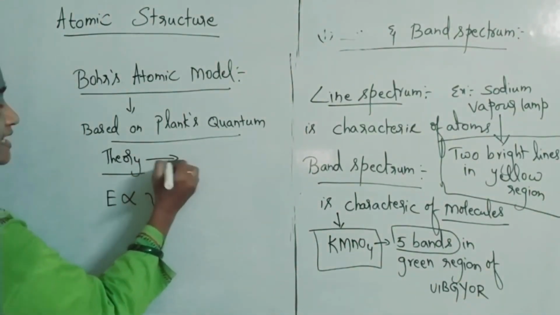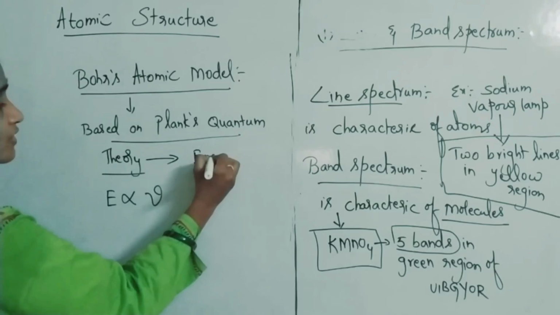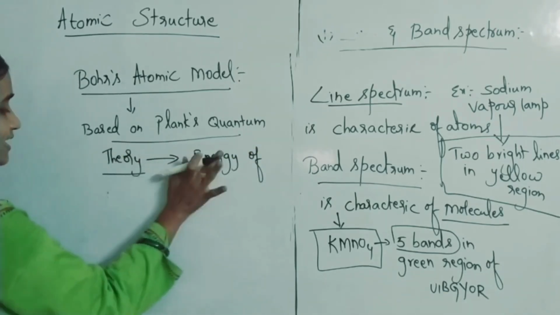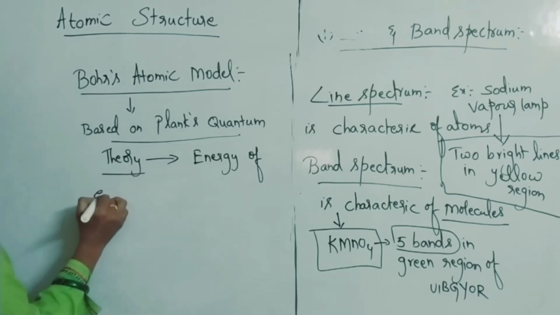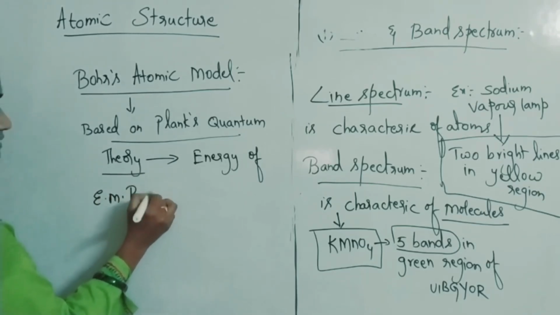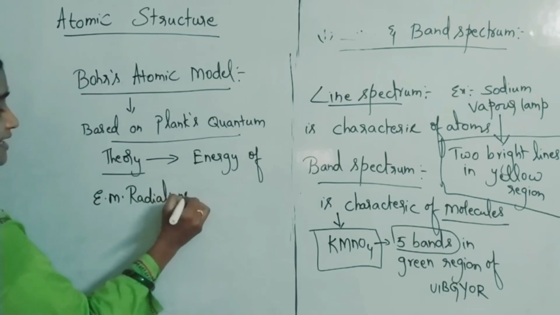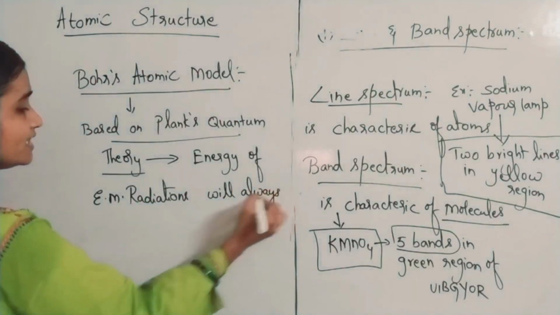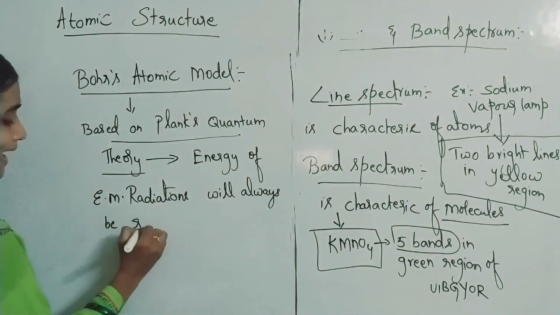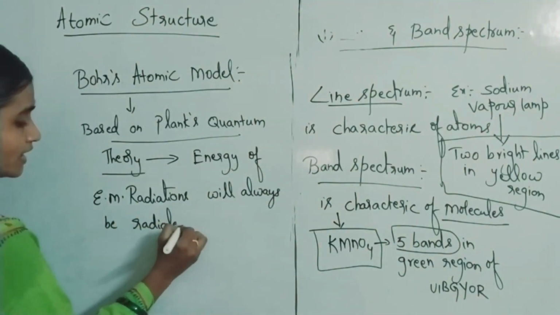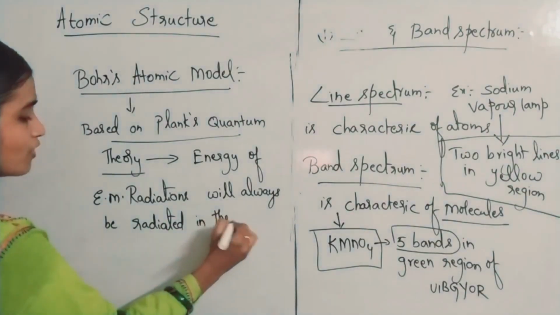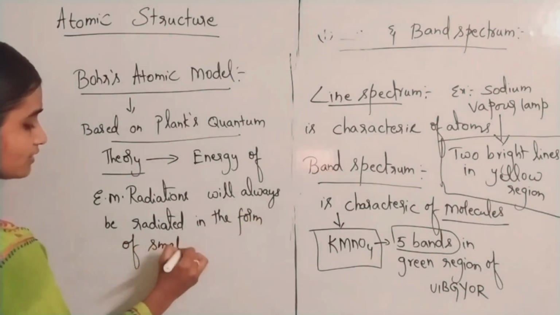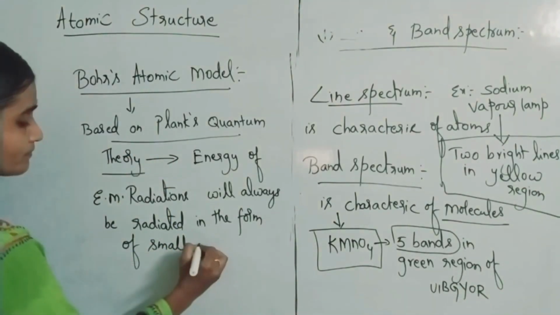Theoretically, energy of electromagnetic radiations will always be radiated in the form of small packets called quanta. This is what Max Planck told.